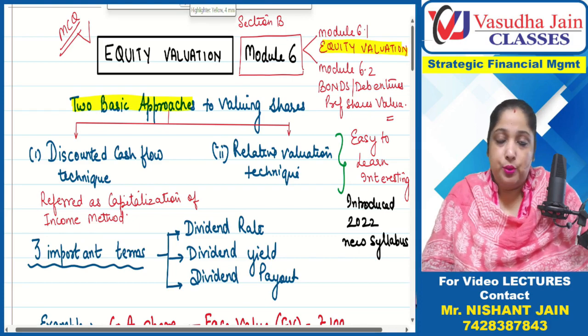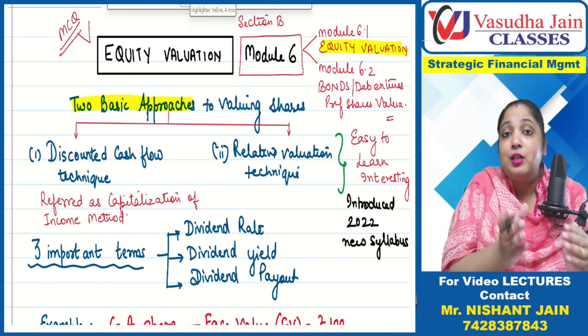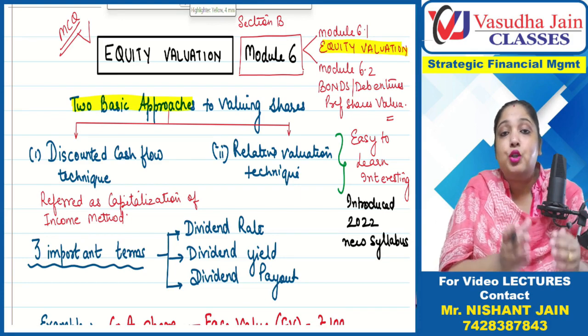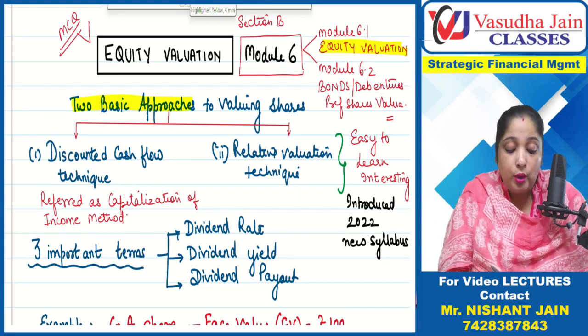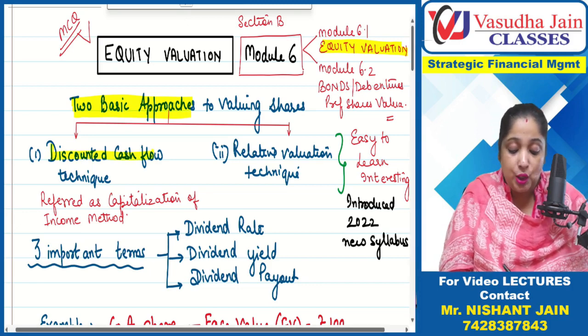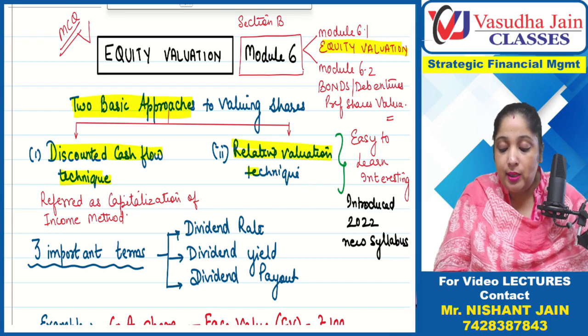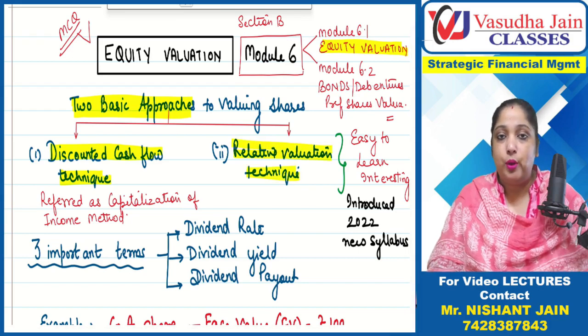equity valuation we are going to start. Now while doing equity valuation, while valuing a share price, how much should be the share price, we are going to use two approaches. One is discounted cash flow technique and another is relative valuation technique. So two techniques we are going to focus on.